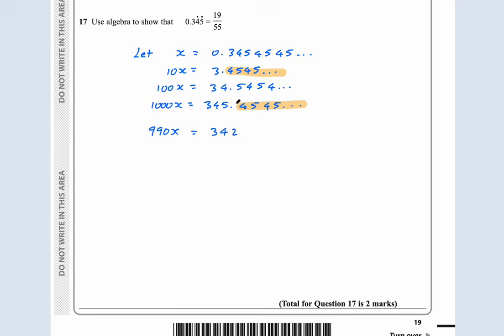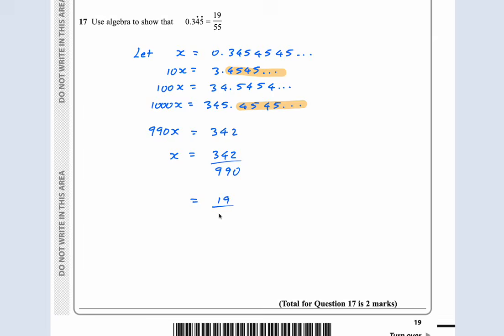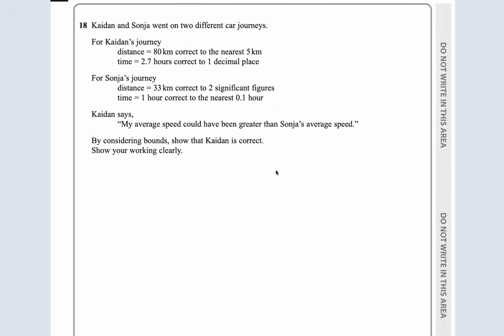My 345.4545 minus 3.4545 gives me 342.0, because the 454545 forever just cancels. Okay, so I'm left with this. Therefore, x is equal to 342 over 990. And I'm guessing, guys, when you put 342 over 990, you get 19 over 55, which is what we wanted. Okay, only 2 marks for that, guys. That's a bit mean. Right, question 18.